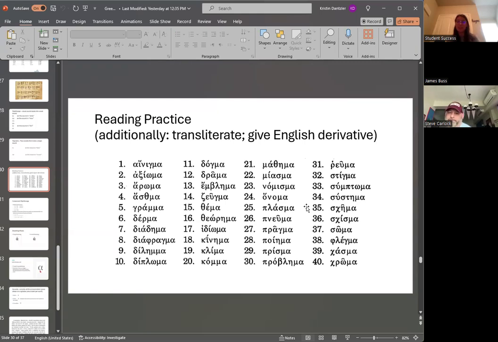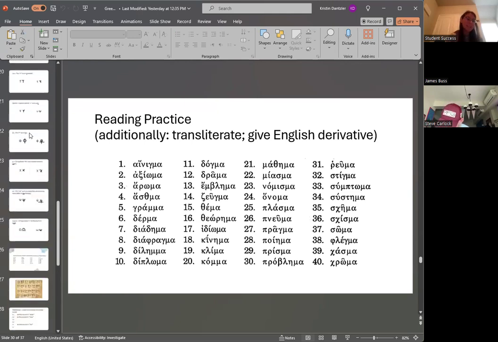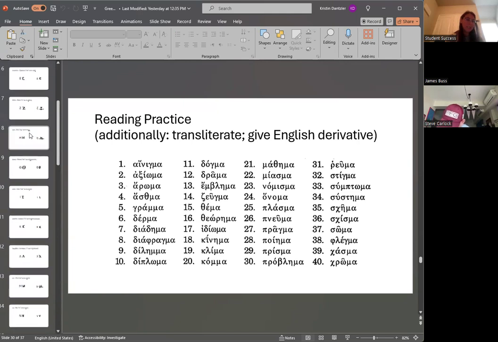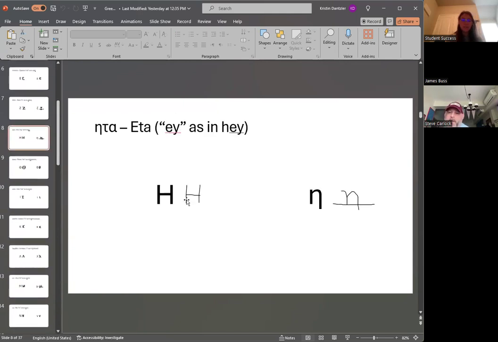In this case, with the Eta, it would be a long A sound. So schema. Again, that is where we get the word from. So the Eta is not necessarily an H. It has an E sound, like an A. Correct. Eta just looks like an H for the capital letter, and then kind of a weird looking N for the lowercase. But that's a vowel.